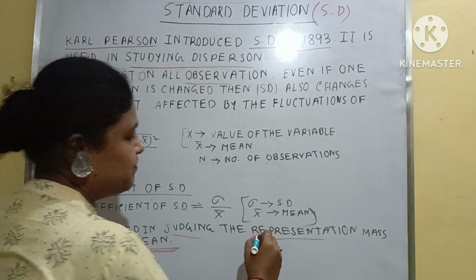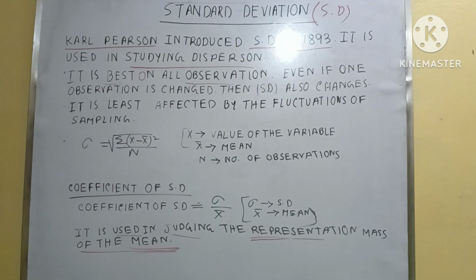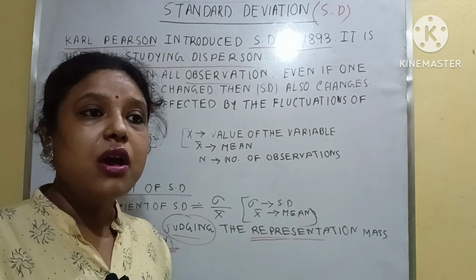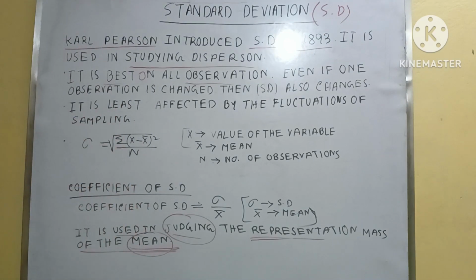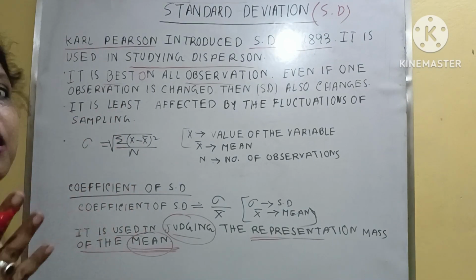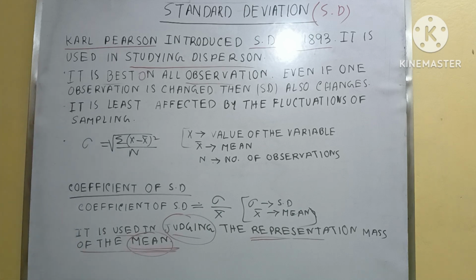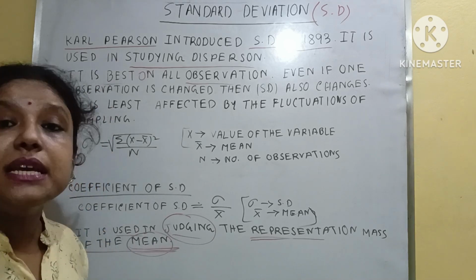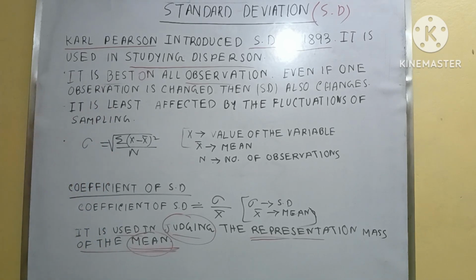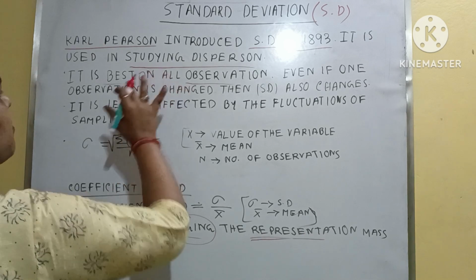It helps in judging if the mean is correct or not for all the observations. So the calculation of SD is very important for seeing the error. That's why this is very important.